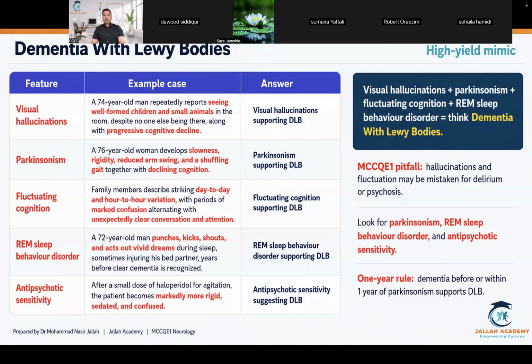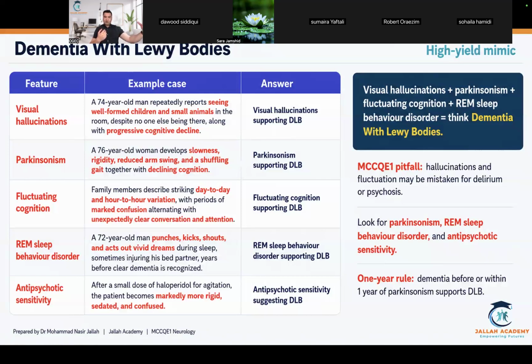The patient lost arm swing, has freezing, slowness in movement, problems with balance, and resting tremor. Eight months before, the patient started having dementia.